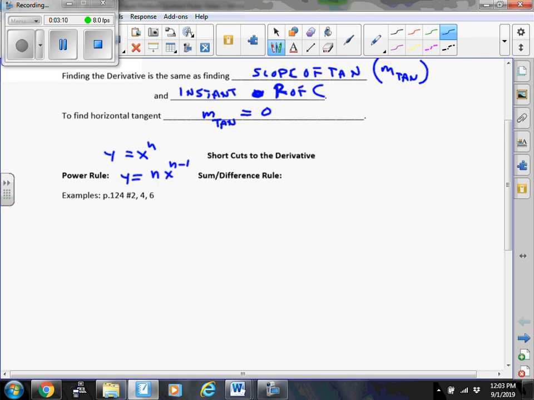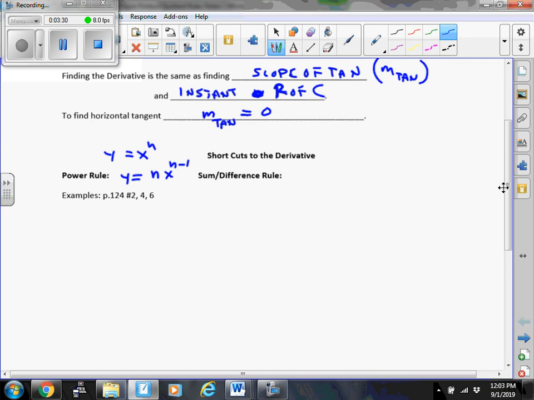So n being a constant, you put that constant out in front, and you take 1 off the power. Those are very rudimentary. By the way, n can be any number but 0, including fractions.